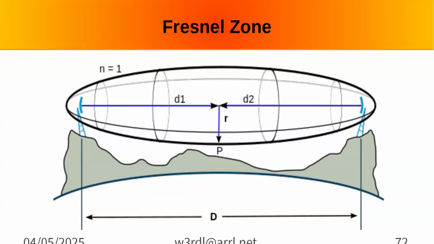And they divide it up into like 3 or 4 zones. So the smallest diameter zone is going to be at the highest frequency. And as the frequency goes up, this ellipsoid gets narrower.